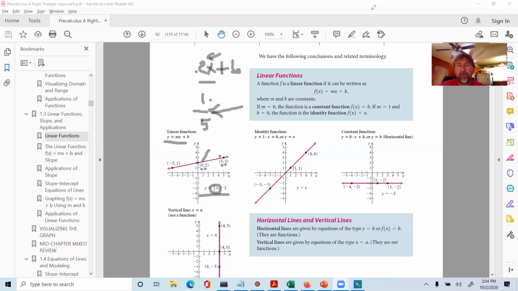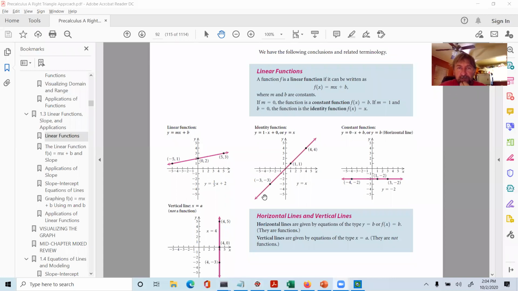Okay, so we got these functions. We got an increasing function, or a positive slope, right? In this case, we got the points (4, 4) and (1, 1) that are on that line, and (-3, -3). That's your 45-degree slope that goes through (0, 0).